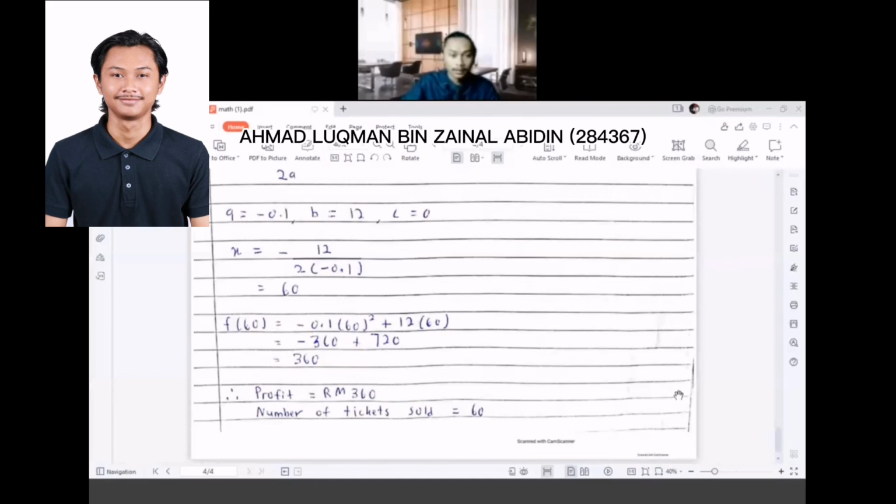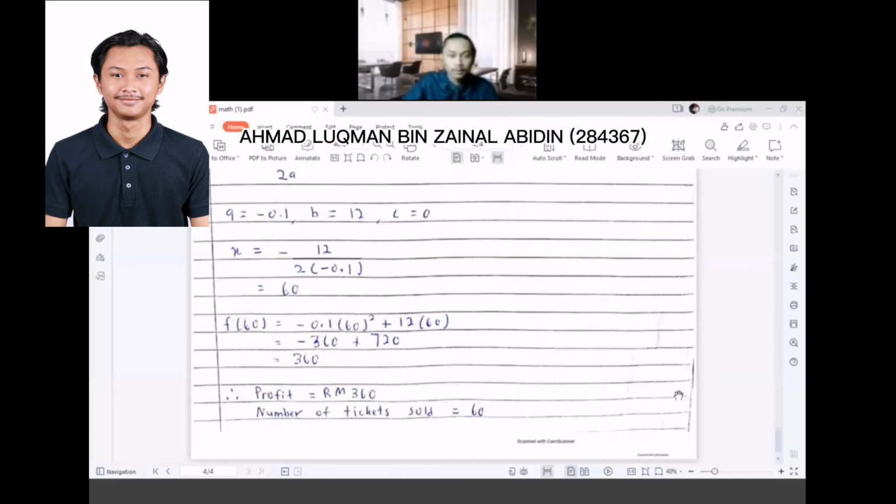So we get f(60) equals negative 0.1 multiplied by 60 squared plus 12 multiplied by 60, and we get negative 360 plus 720, which is 360. We now see that the maximum y value is y equals 360 for x equals 60.